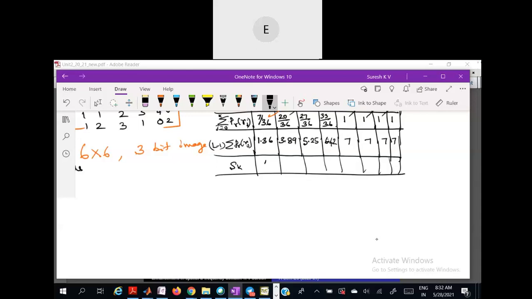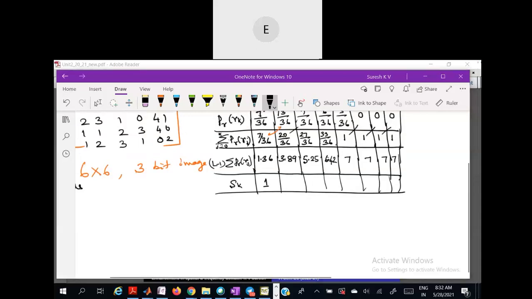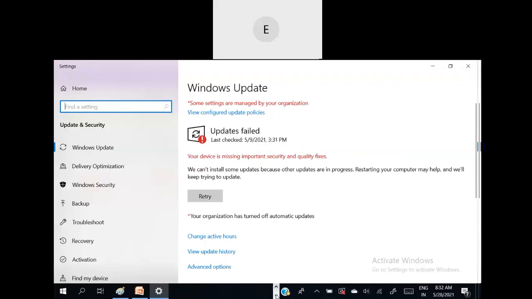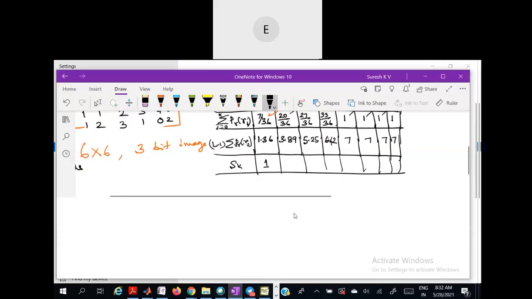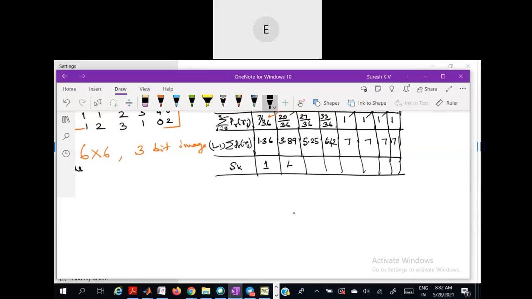So 1.36 is very close to 1, so it is 1. 3.89 I will write as 4. 5.25 I'll write as 5. 6.42 I'll do as 6. And this anyway is an integer. So 7, 7, 7. Is that okay? Yes, sir.